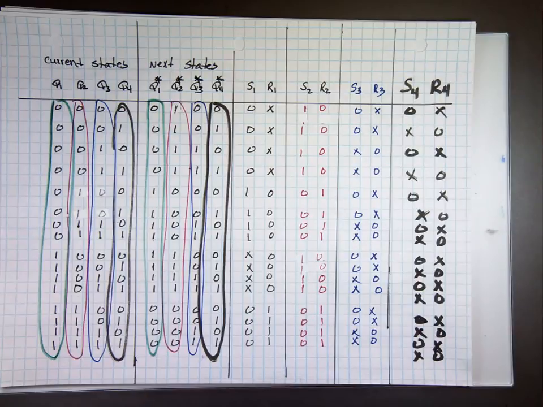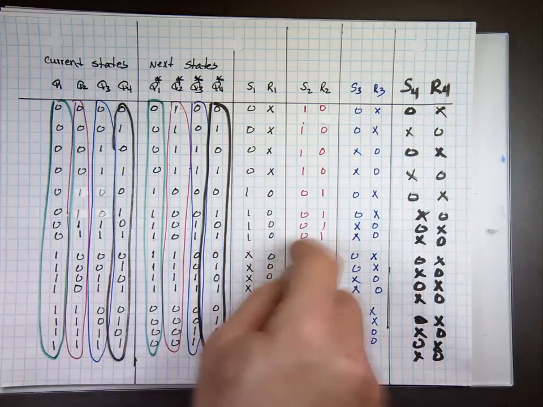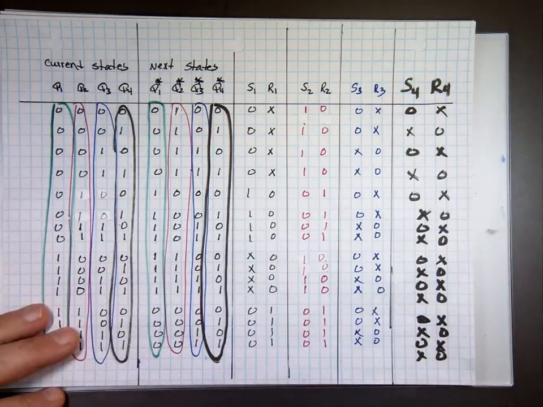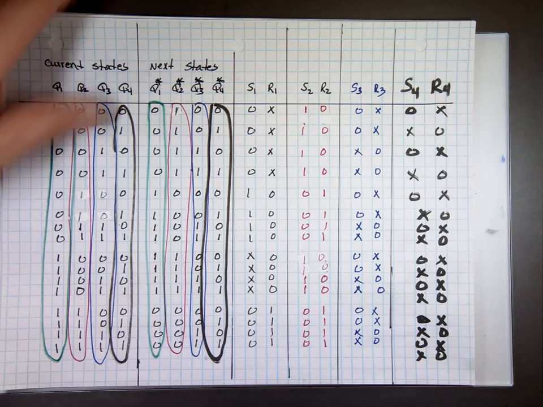And now K-map for each one. Build it. Done with it. I need 1, 2, 3, 4, 5, 6, 7, 8 K-maps. 8 of them. One for each one of these. So maybe I'll do 4 per page.